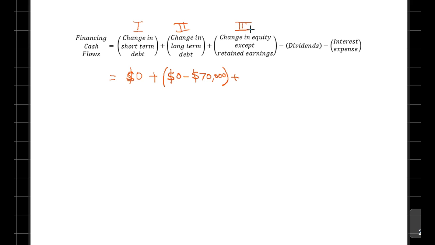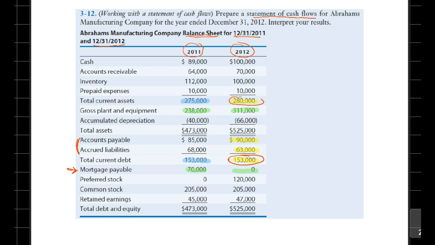Now the third part, we need to be careful. When we read the third part in our formula, it is the change in equity. However, do not take into account retained earnings if any is given. So let's go back to our balance sheet. What are our equity items?